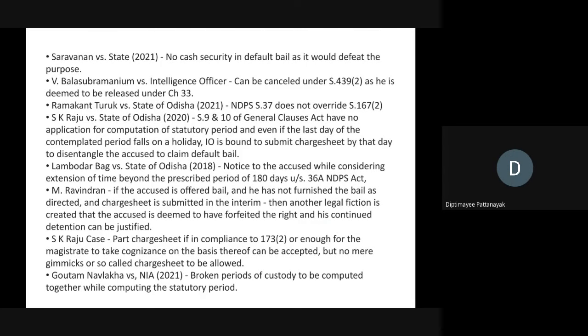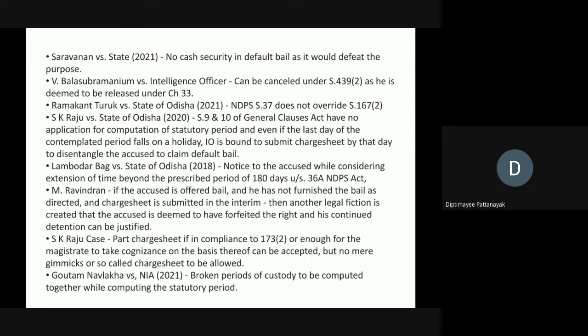This landmark case says that no, it cannot be done. Even if the last day of the contemplated statutory period falls on a holiday, the IO is bound to submit the charge sheet by that day, to disentitle the accused to claim default bail.